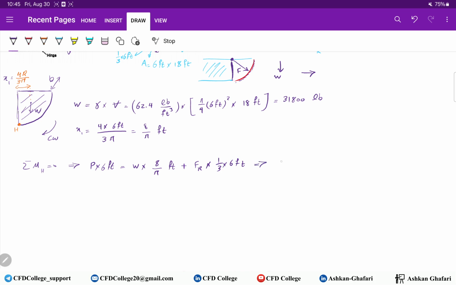So if you solve this, you can find P, and P is equal to 20,200 pounds.